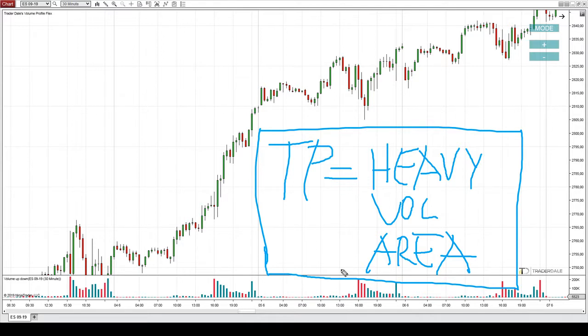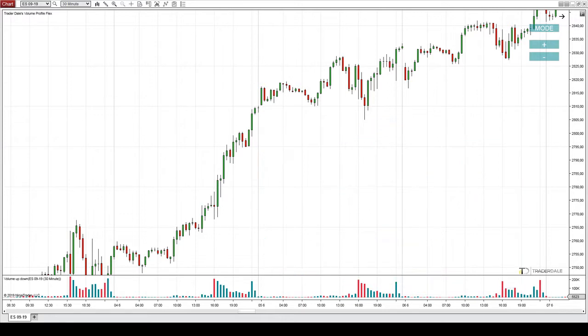The reason for that is that heavy volume areas are strong support and resistance zones. And when the price gets into a heavy volume area, there is a risk that the price will reverse. Alright, and you don't want to risk that, so you quit your position. So let me show you some examples of that, alright?